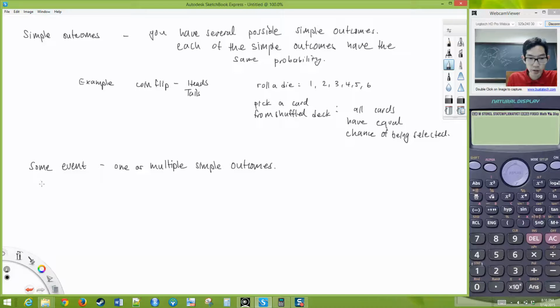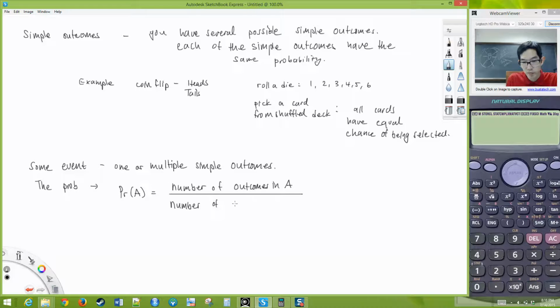Then the probability of A is equal to the number of outcomes in A divided by the number of all possible outcomes.